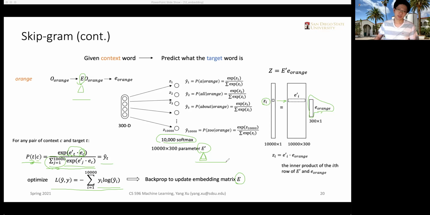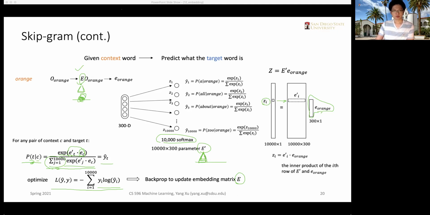People have found that in most cases, the context matrix E is more useful for semantic tasks as opposed to E prime. But some research has shown that if we utilize the information in E prime, we can improve the performance of E a little bit.